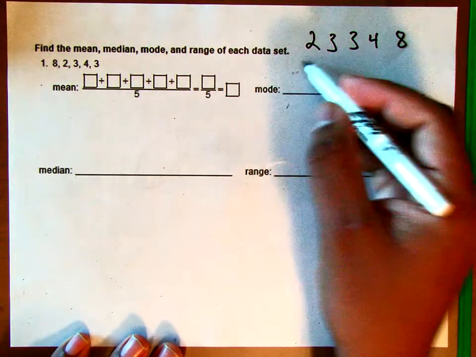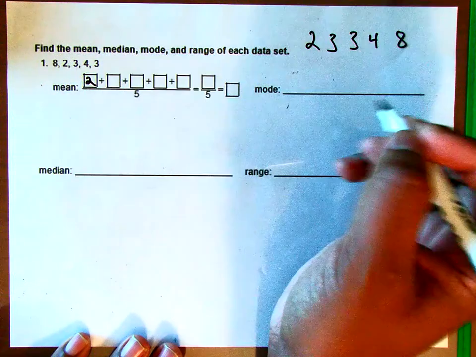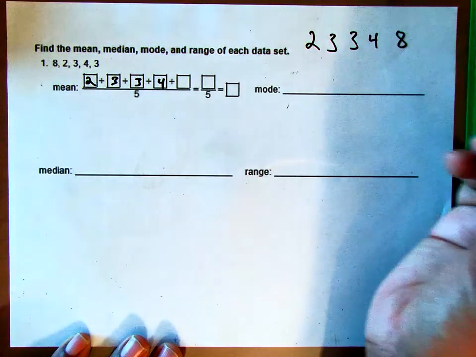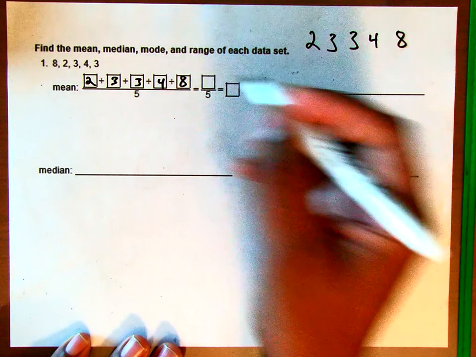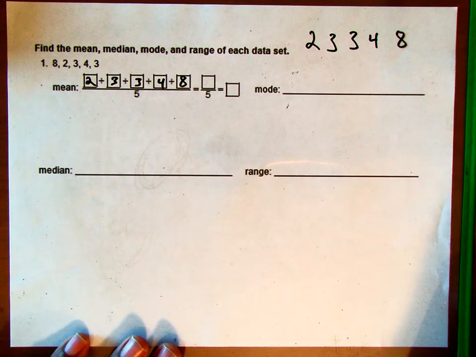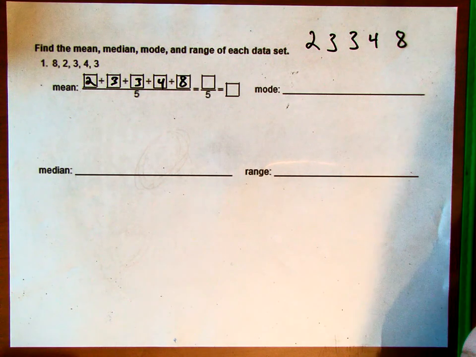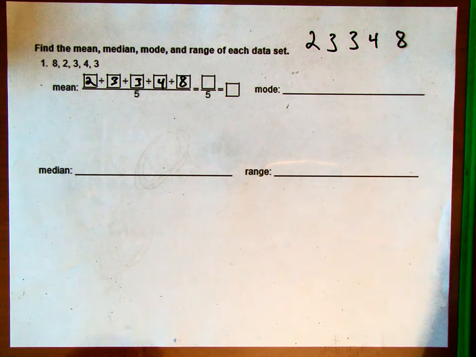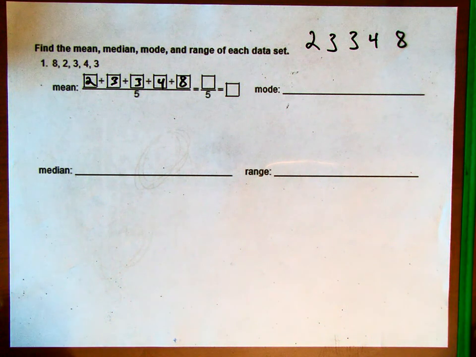Okay, and they kind of lead you on how to do the mean here. What you want to do is just take these numbers, and you can write them in here: 2, 3, 3, 4, and 8. All right, and next thing you want to do is go ahead and add them up.